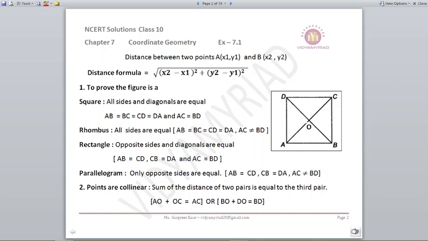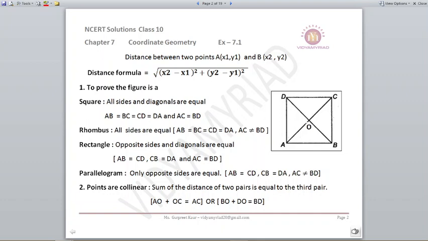In the case of rectangle, opposite sides will be equal and diagonals are equal, and in a parallelogram only opposite sides will be equal, your diagonals will not be equal. So looking into these criteria, we can prove whether a particular quadrilateral will be a square, rhombus, rectangle or a parallelogram. For this we need to use the distance formula because we will be having all the 4 points with us, or any number of points we can find out the distance.